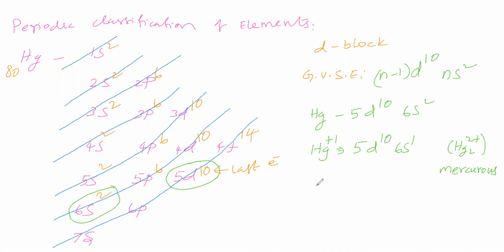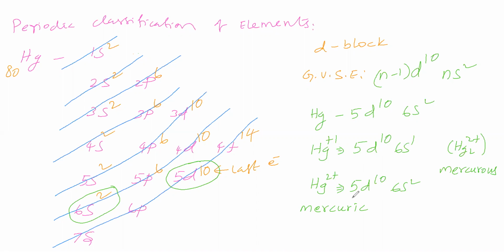Then another oxidation state is Hg2+, which is called mercuric. So remove one electron from here, that is from 6s, so you will get 5d10 6s2. These are the only oxidation states mercury can show, +1, otherwise +2.